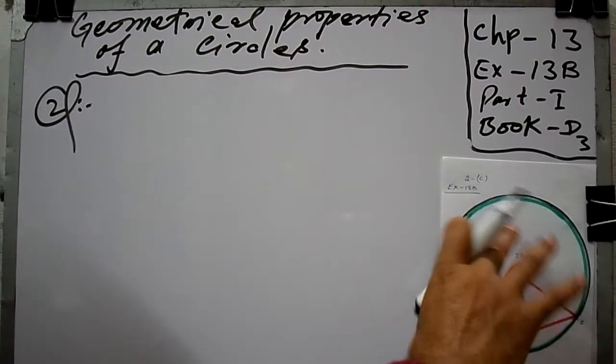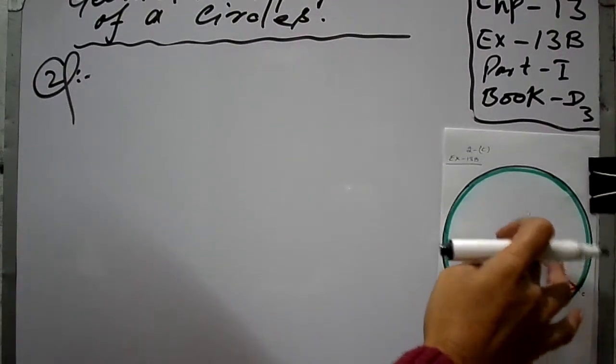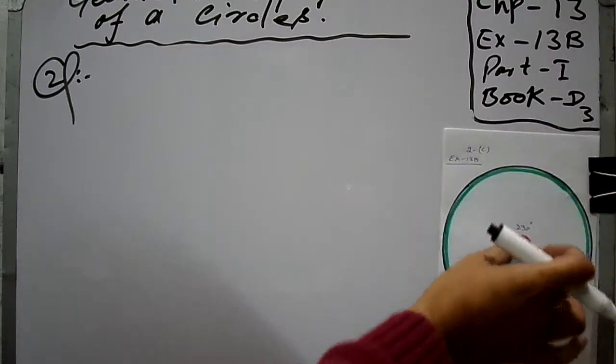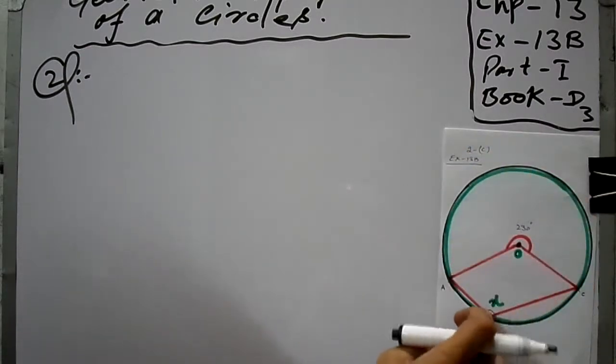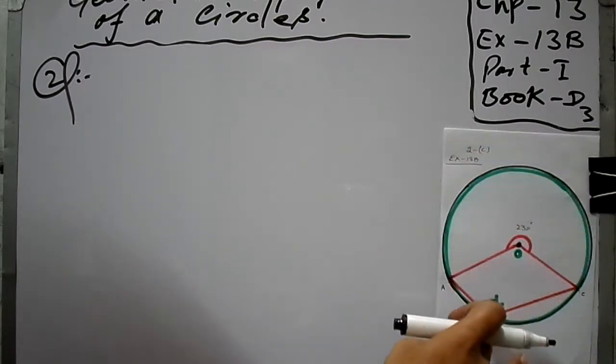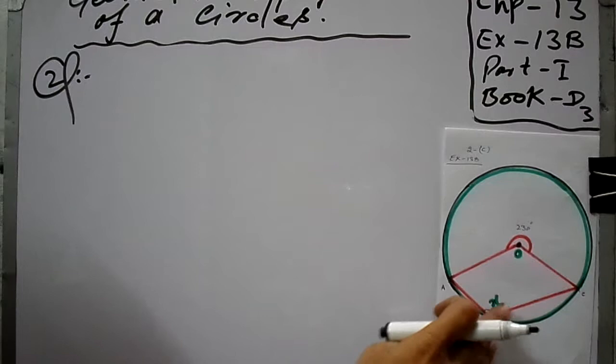So if we see this diagram or invert this diagram, you will actually see this angle is on the minor arc, because if we turn this, you have to find the value of X. So it is situated on the minor arc.